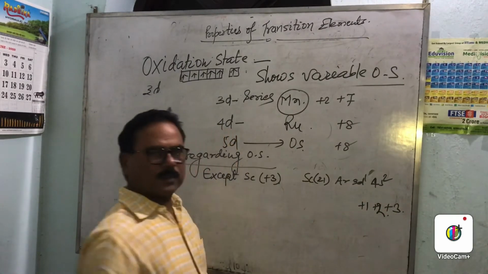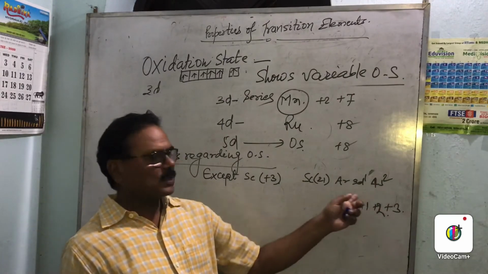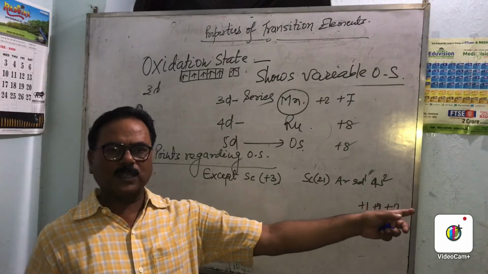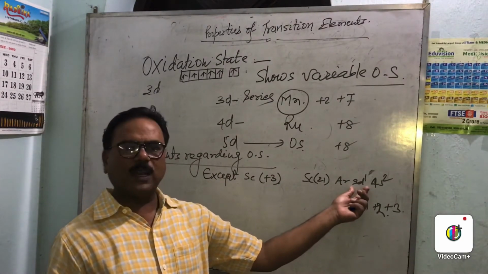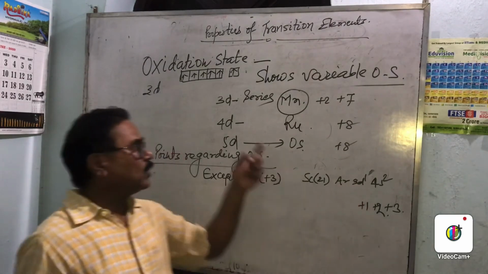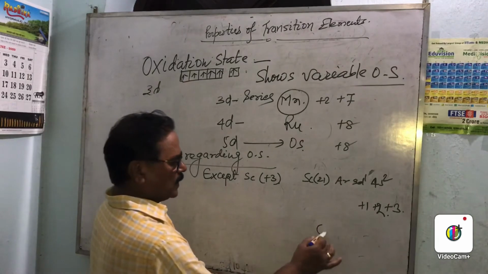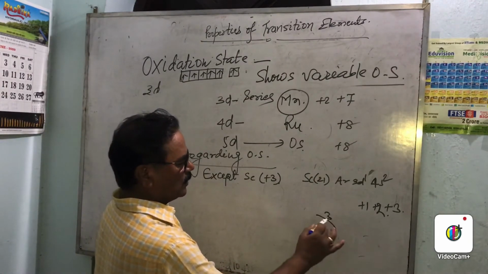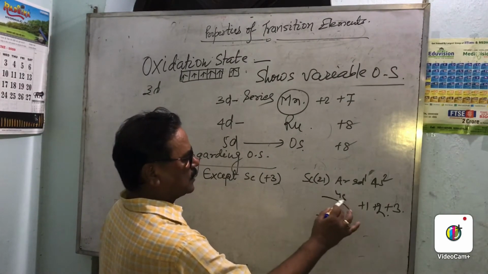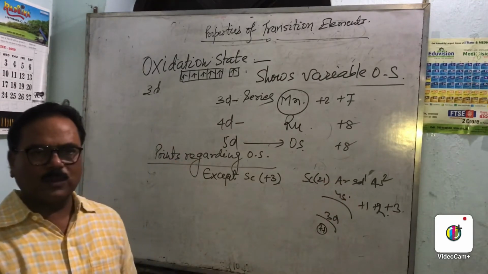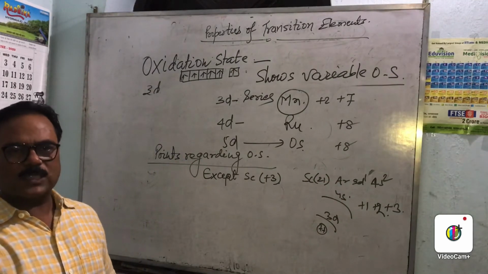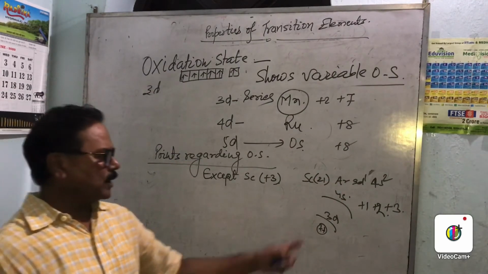Why is it written? When all the electrons are participating in bond formation, then what will happen? 3d will have the 0 state. And for the others, consider the removal of the s electron: there is a nucleus, this is the 3d shell, and this is the 4s. Removal of an electron from the s is more stable than from the d, because it is outer.